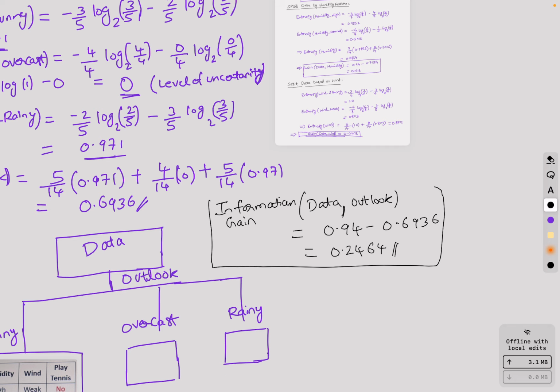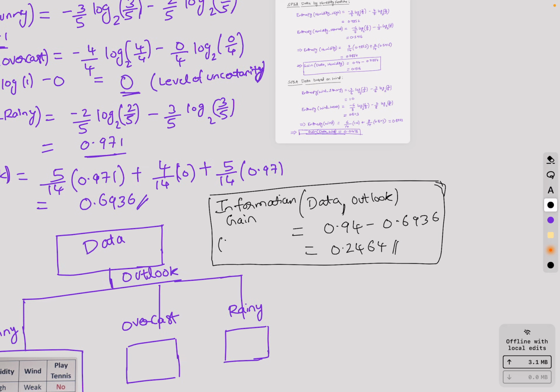Information gain is this, which means I have gained some information, that is accuracy got increased, that is uncertainty got reduced. Or I can also write this as entropy reduction. So information gain is nothing but entropy before minus entropy after.